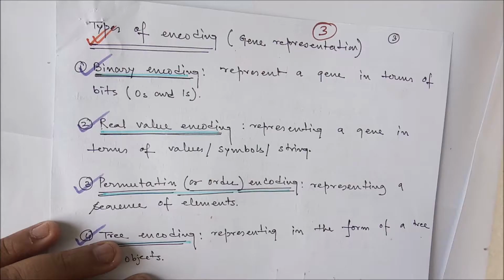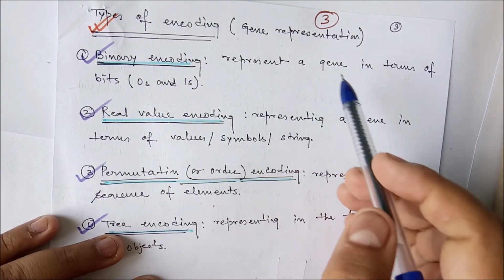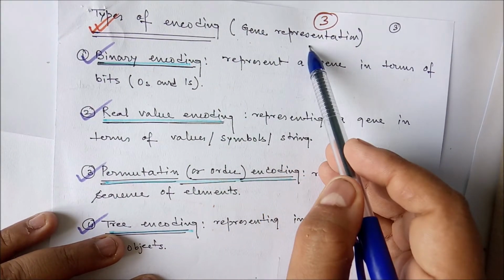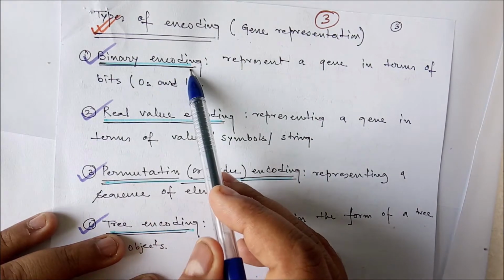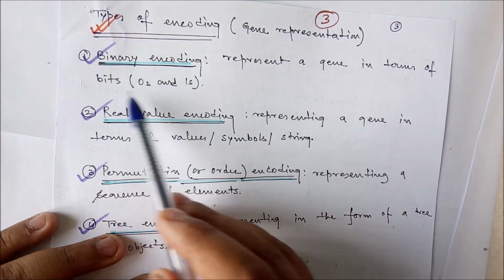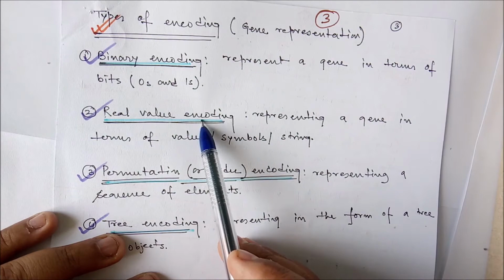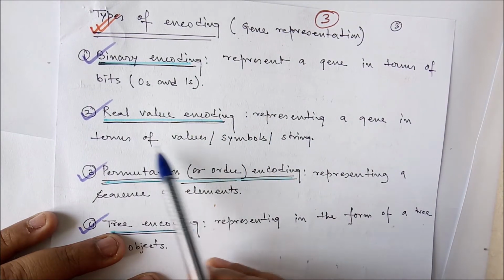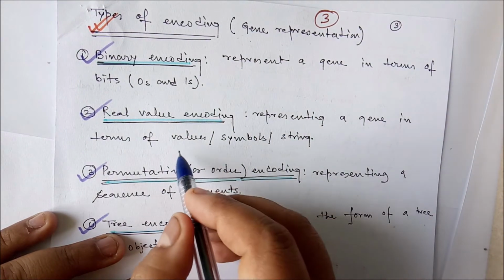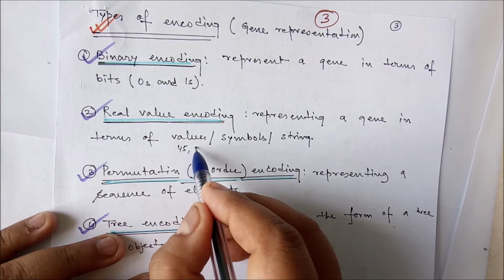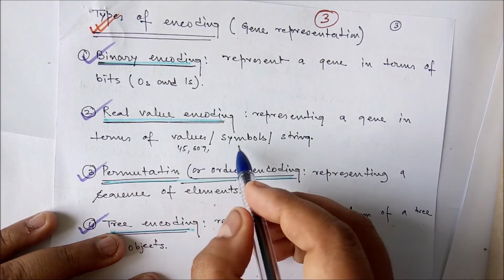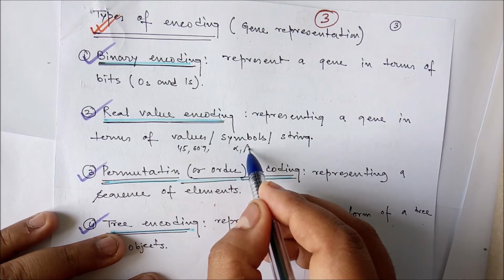Now different types of encoding techniques are there. It is also called gene representation. Binary encoding represents a gene in terms of 0 and 1. Real value encoding represents a gene in terms of values, symbols, and strings. Values means, say, 45, 60.9. Symbols may be alpha, beta.